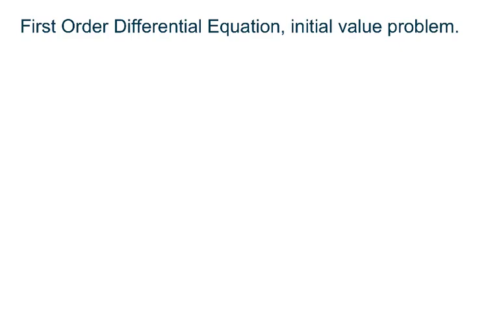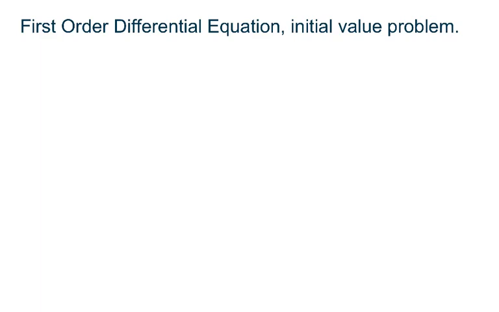So we're going to talk about solving an initial value problem in a first order differential equation. And as with an antiderivative, we often need a particular rather than the general solution for the first order differential equation. All right?